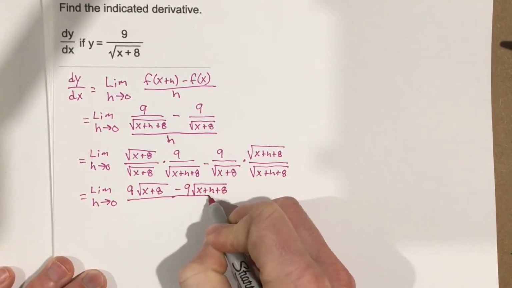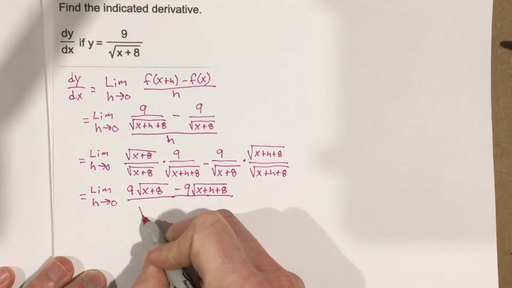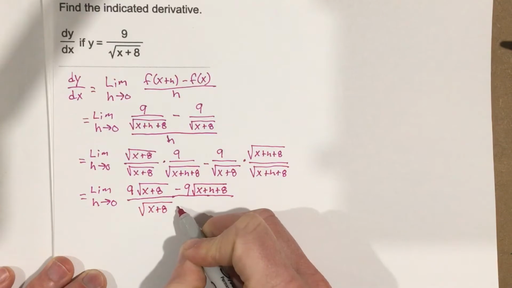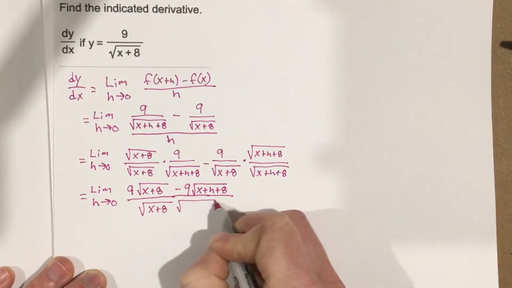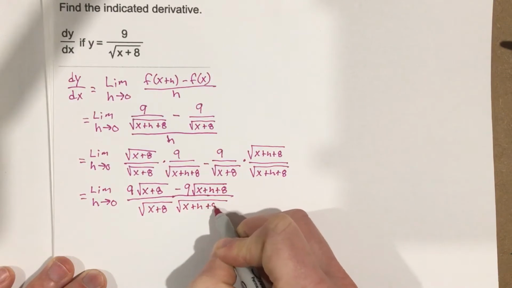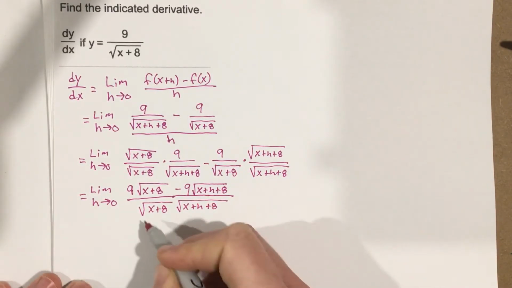Because the whole reason we did this was so that we had a common denominator, we can subtract them together. So this is root x plus 8 on the bottom, and this is root x plus h plus 8. And this is still all over h.